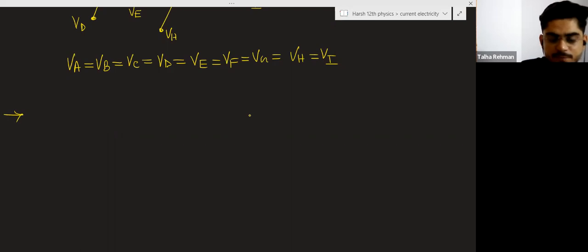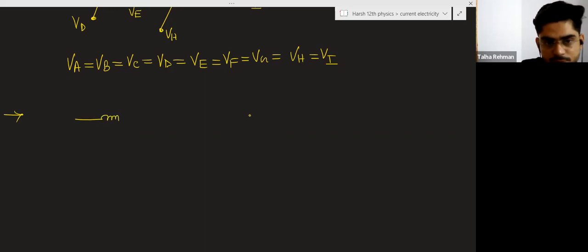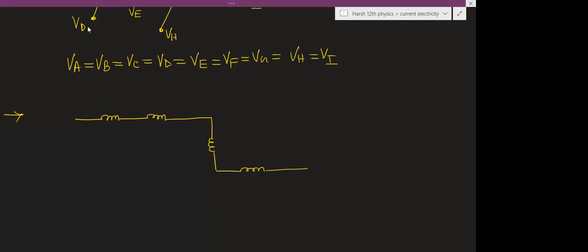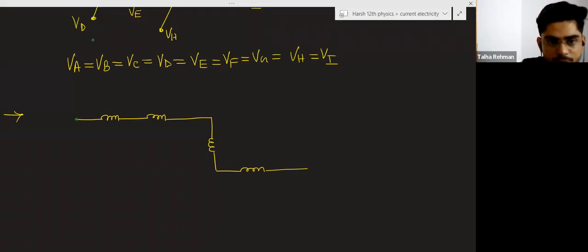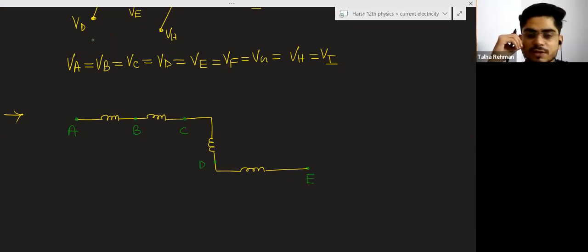One more case I will take. Suppose you have a wire like this. And Harsh, you have this point as A, this point as B, this point as C, this point as D. Now, what will you say about the current in this wire?